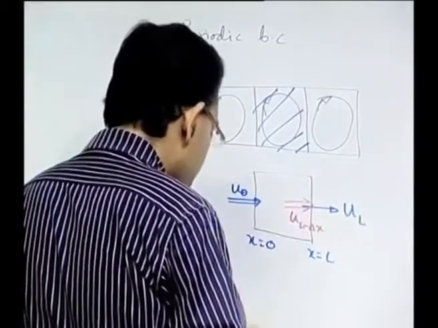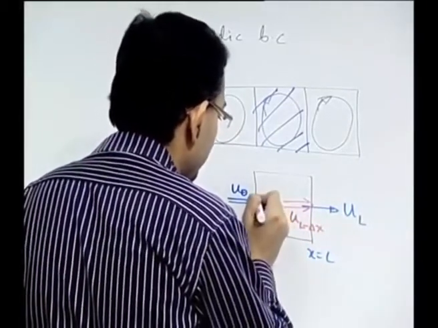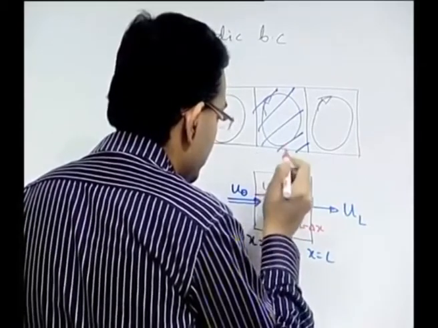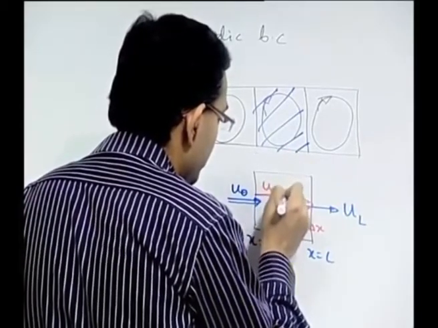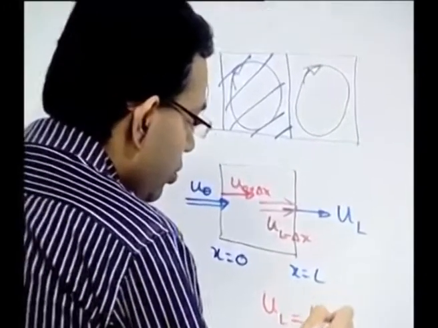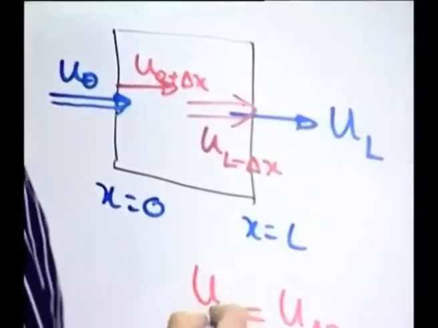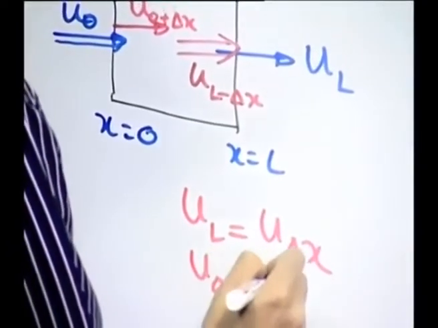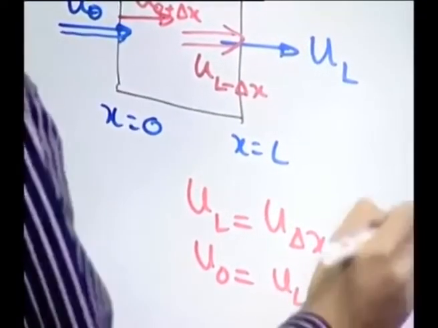So we can say that U_L is equal to U at delta x, and U_0 is equal to U at L minus delta x.